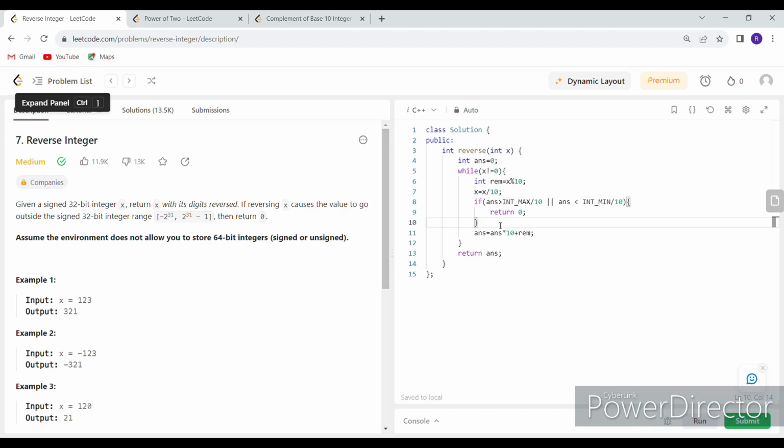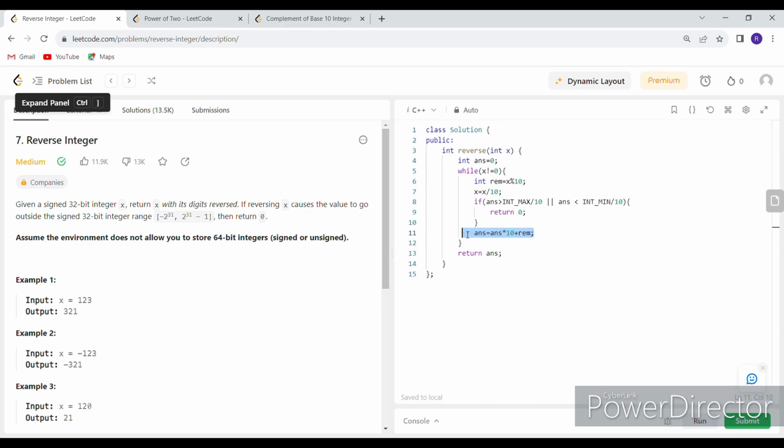A particular integer variable can hold only that much value, the int max value, not more than it. If we force it to hold some value which is greater than int max, then it will throw an error. So we need to take care of this condition.